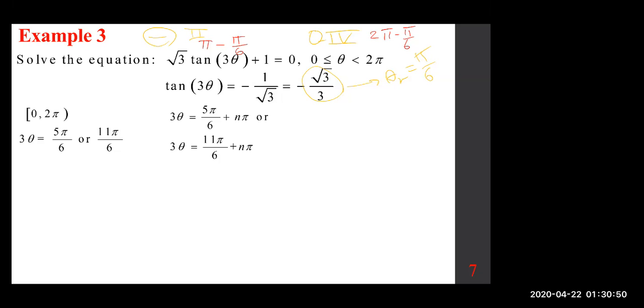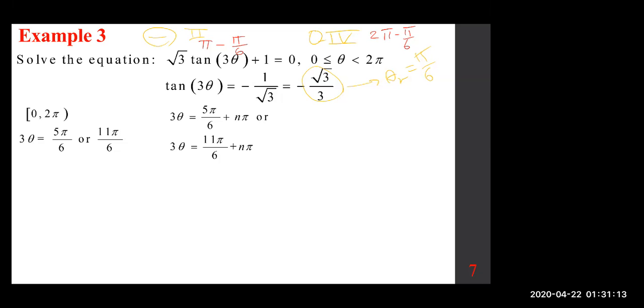I hope everybody's following so far. So 3 theta is 5 pi over 6 plus n pi, 11 pi over 6 plus n pi, and we are going to divide by what? We are going to divide by 3, everybody, right? Because we are not interested in 3 theta. We want to find theta.